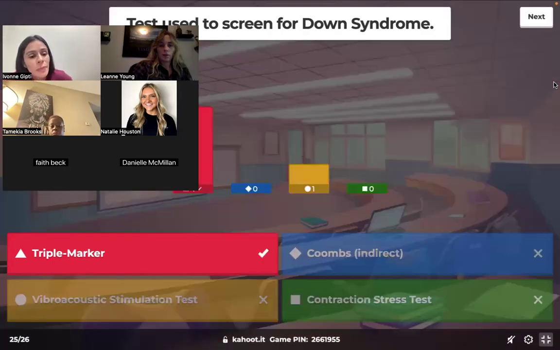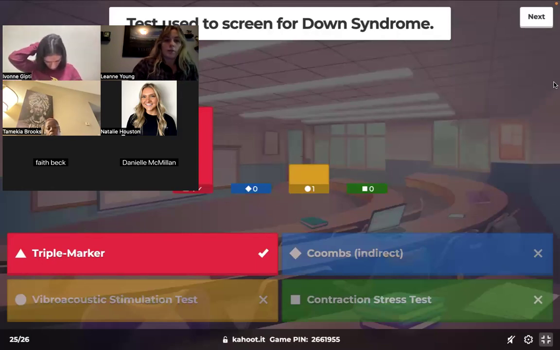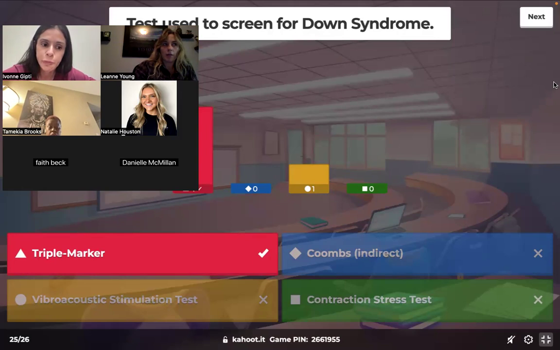Our test that we use to screen for Down syndrome is your triple marker, which is blood work that is drawn from mom. Do you guys know what we're specifically looking at to determine if an infant is at high risk for Down syndrome? Extra chromosome? We're looking at that.